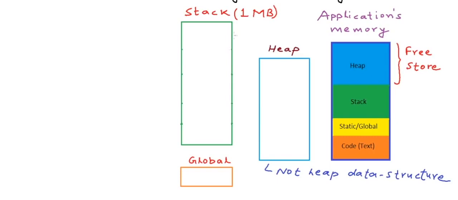Stack is also a data structure, but the stack segment of the memory is actually an implementation of the stack data structure, whereas heap is not an implementation of the heap data structure. To use dynamic memory in C, we need to know about 4 functions: malloc, calloc, realloc, and free.